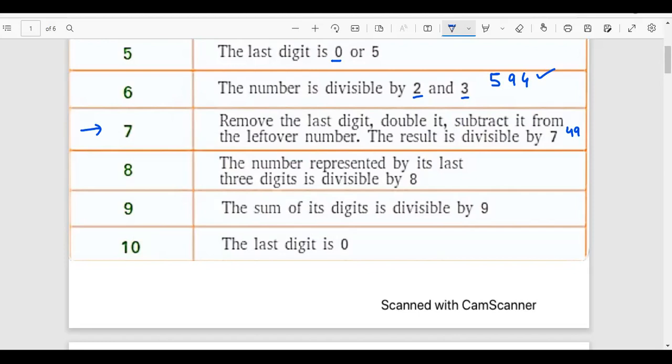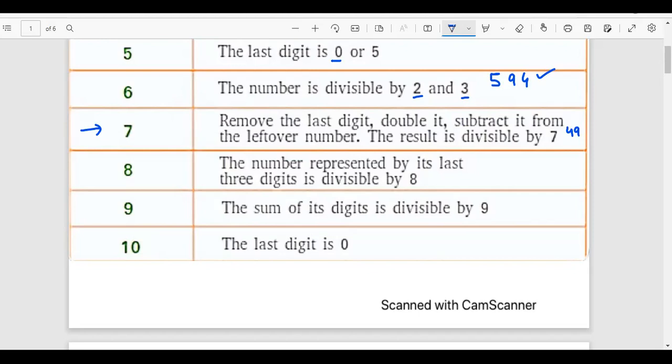Yes, ma'am, I'll try. Ma'am, when we remove the last digit, do we have to double the last digit?